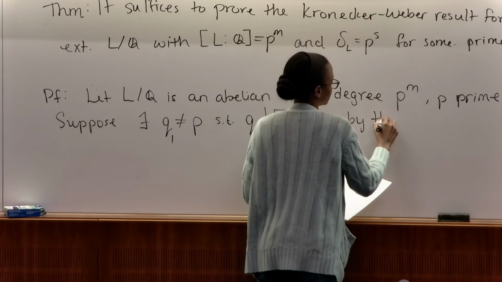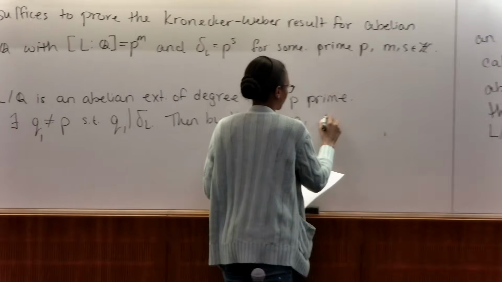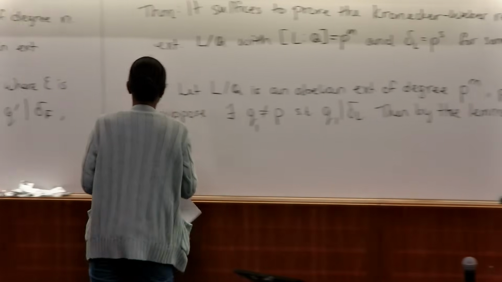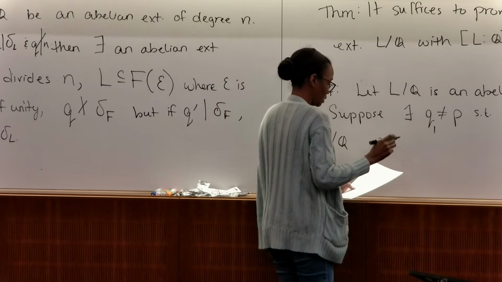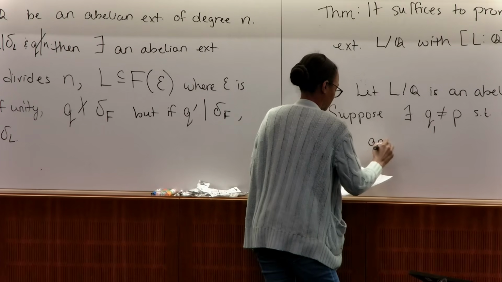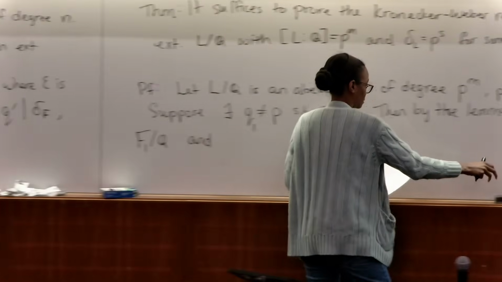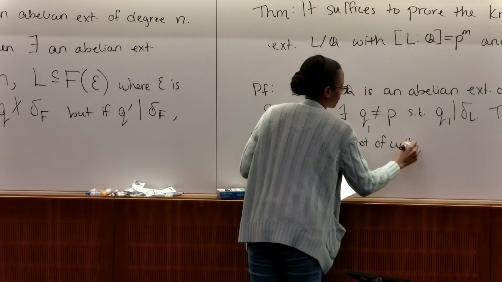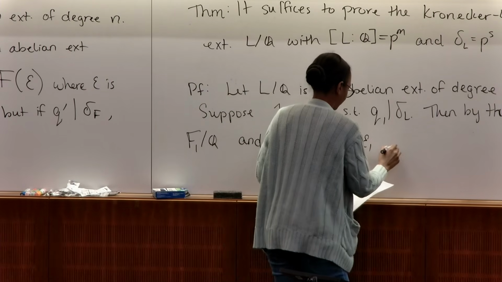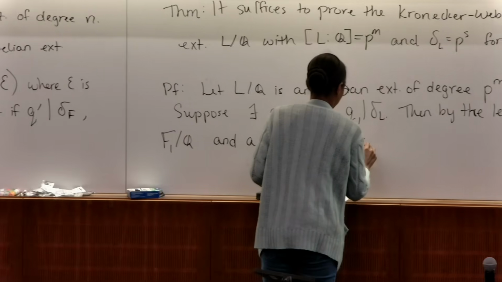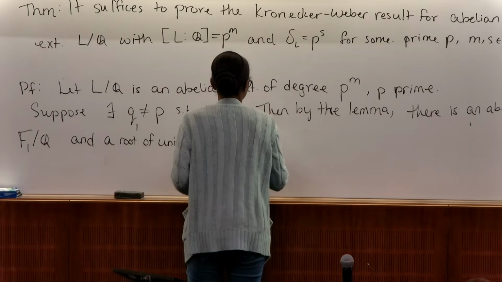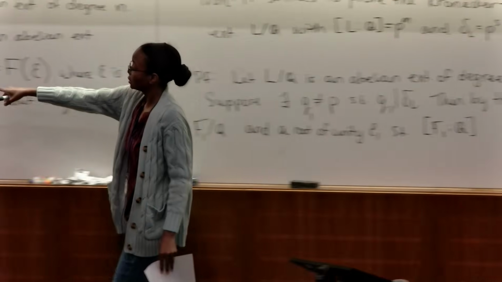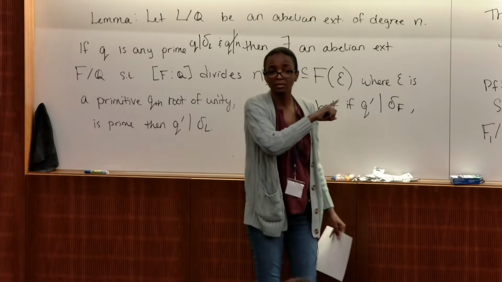Then by the lemma, there is an Abelian extension, let's call it F1 over Q, and a root of unity, let's call it epsilon 1, such that the degree of F1 over Q, the theorem says that it is a number that divides n, but n is already a prime power in this case, right?